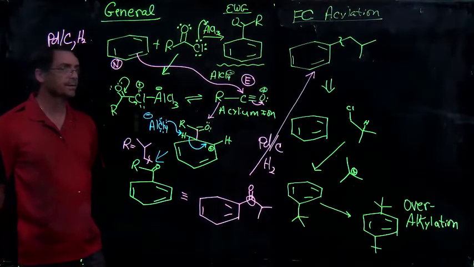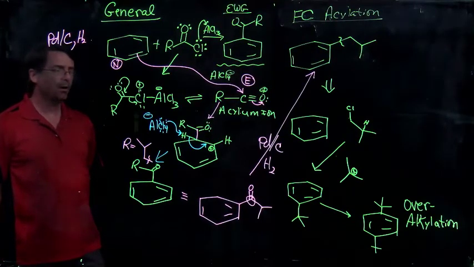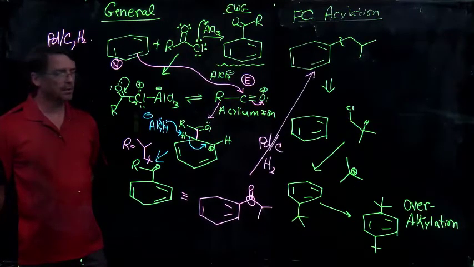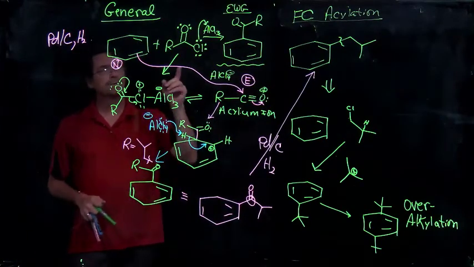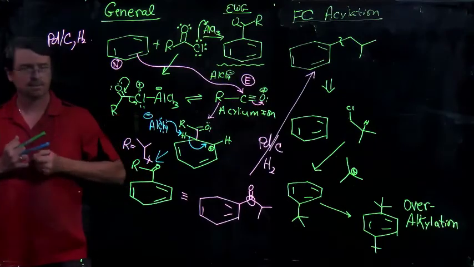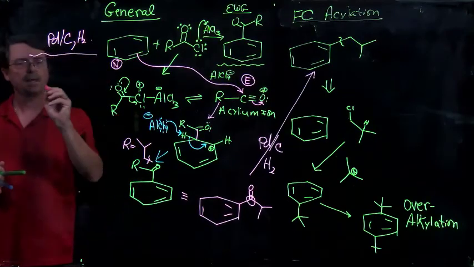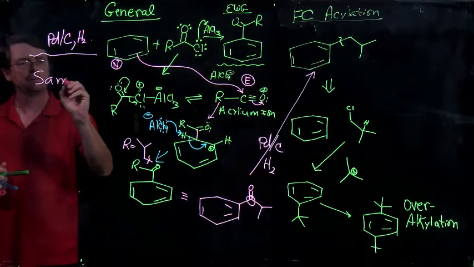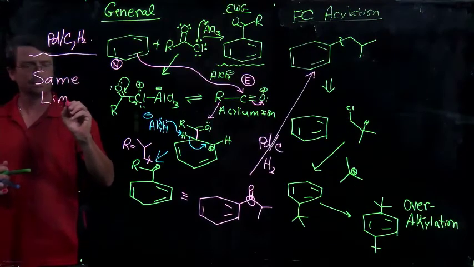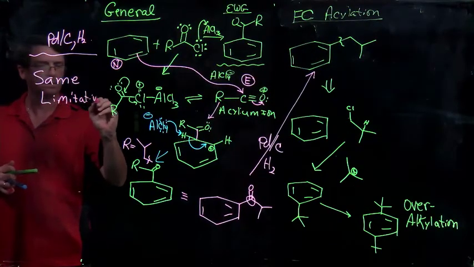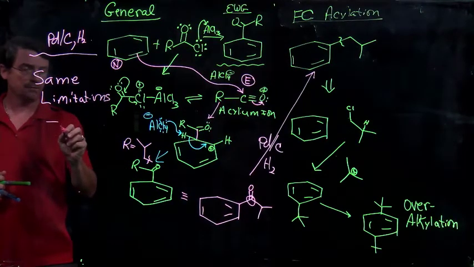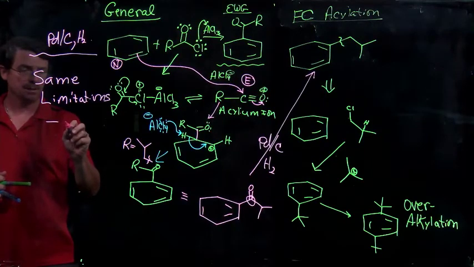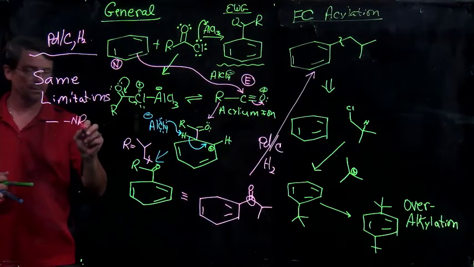All right, so that's the Friedel-Crafts acylation. It solves those problems of overalkylation and carbocation rearrangement, but the Friedel-Crafts acylation has the same limitations as the alkylation chemistry. That is, the substituent cannot be a strongly electron withdrawing group.